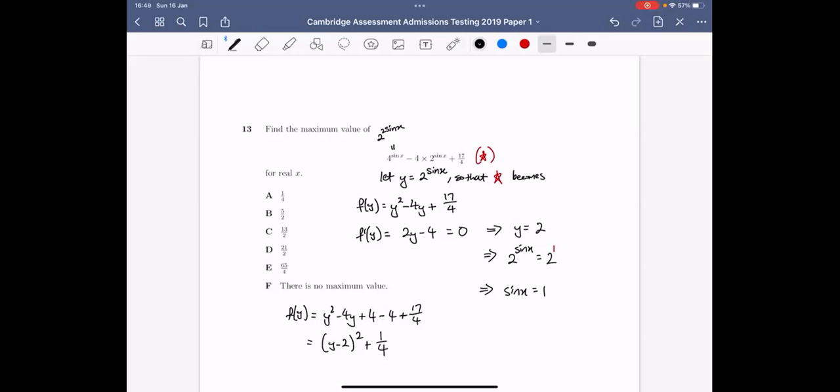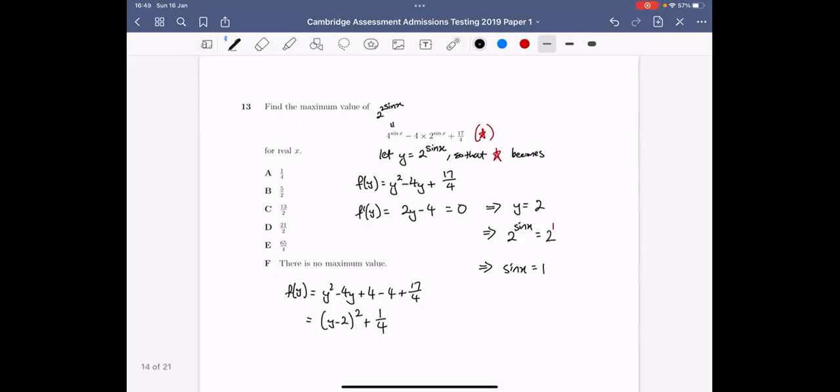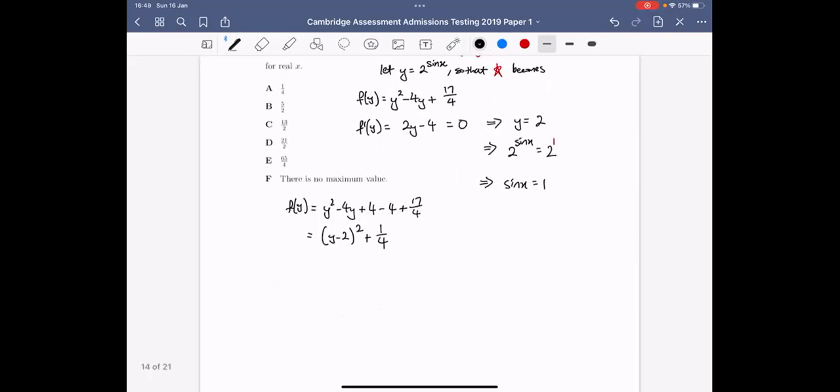So then this is the turning point. So turning point at 2, a quarter. Which is already given from here. And then if you differentiate this twice, you get 2, which is always greater than 0.